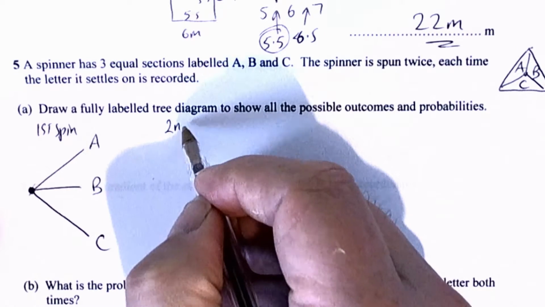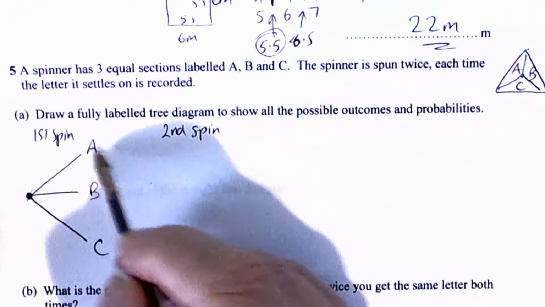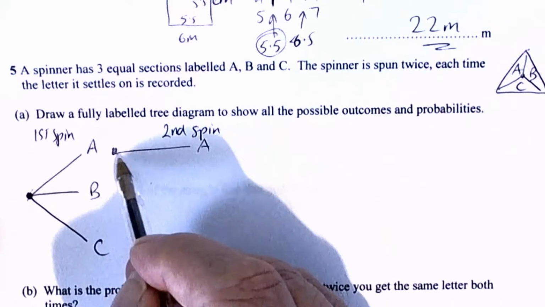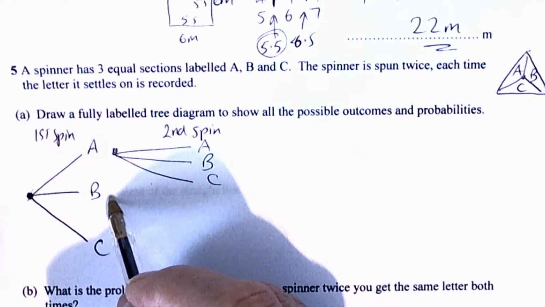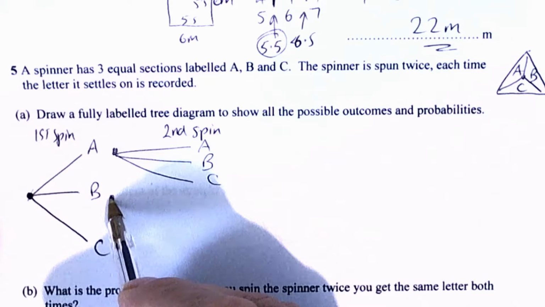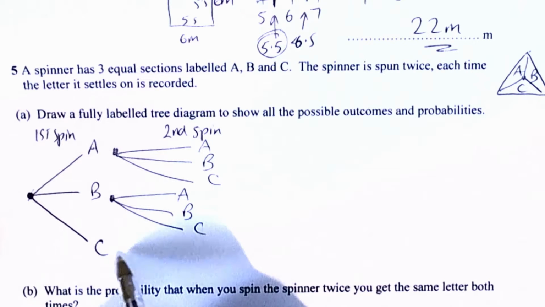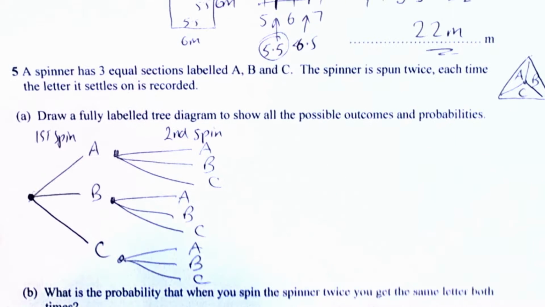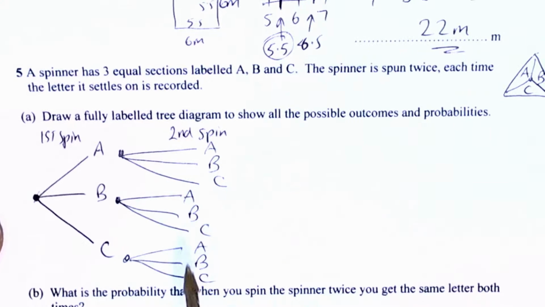And then we have a second event where we do a second spin, and if we got A the first time, then of course we could have A again, followed by B, followed by C. And if we got the B the first time, then we could have got A the second, followed by B, followed by C. And if we got C the first time, then we could have got A, followed by B, followed by C. So that's what it means by a tree diagram. It's this idea of showing all the possible outcomes in a logical way.